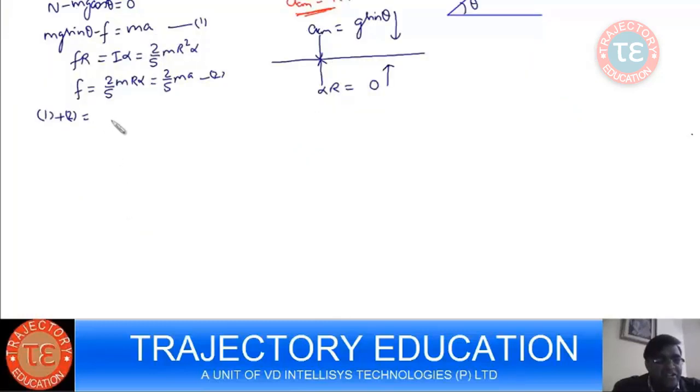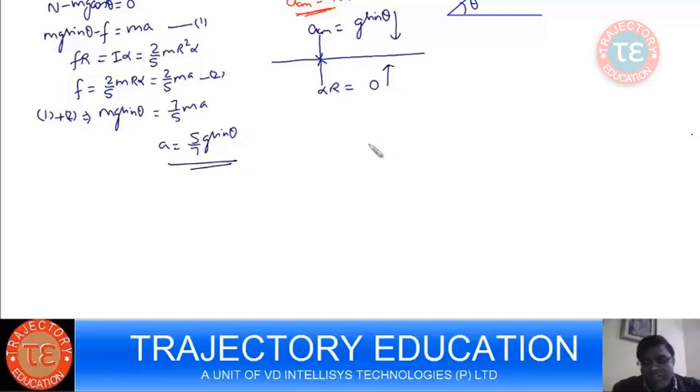You get mg sin theta equals to 7 by 5 ma, that is a equals 5 by 7 g sin theta. That's going to be the acceleration.